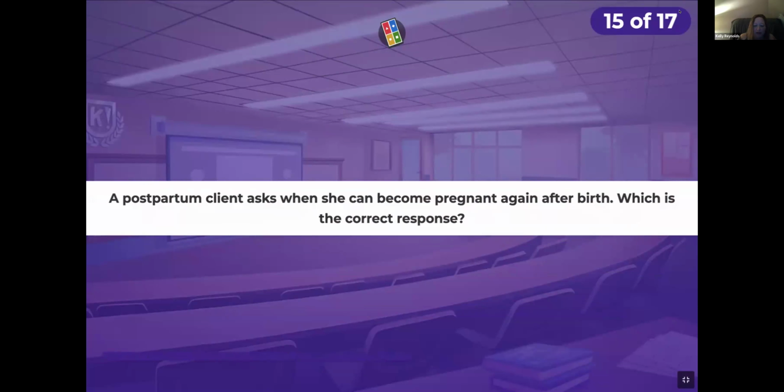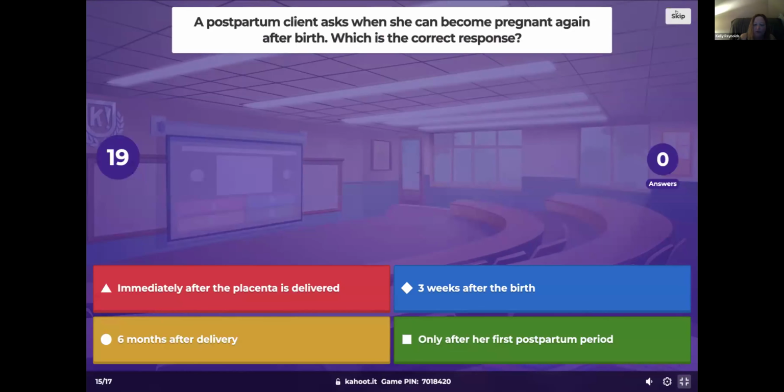A postpartum client asks when she can become pregnant again after birth. Which is the correct response? Immediately after the placenta is delivered, 6 months after delivery, 3 weeks after the birth, only after her first postpartum period.